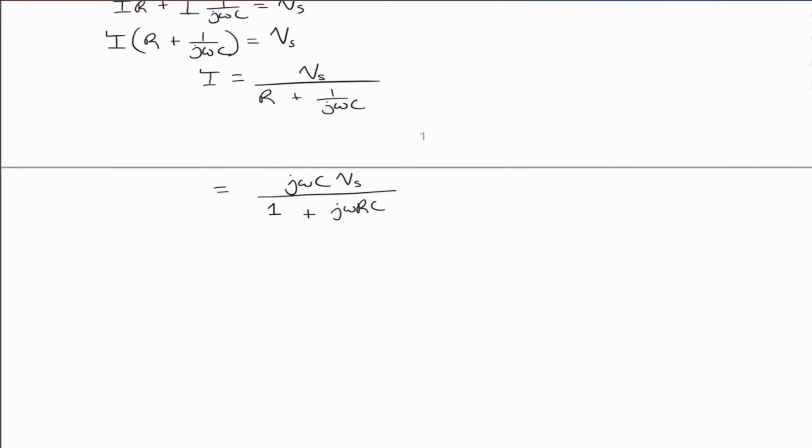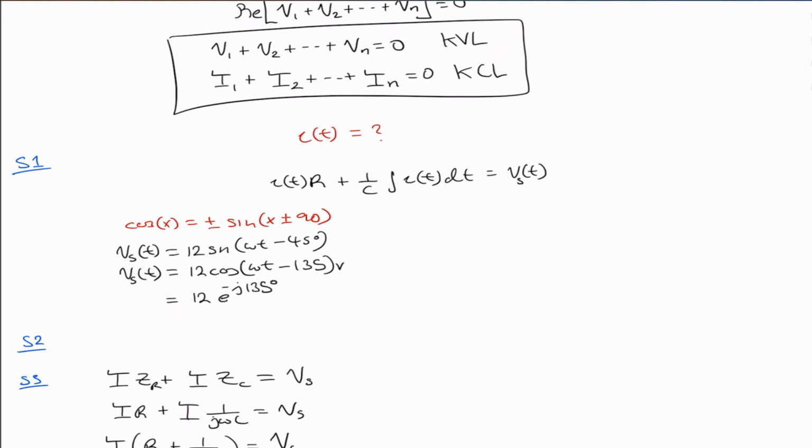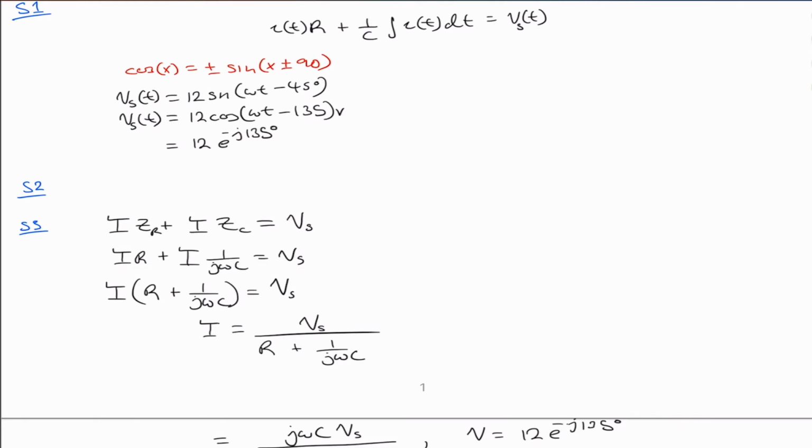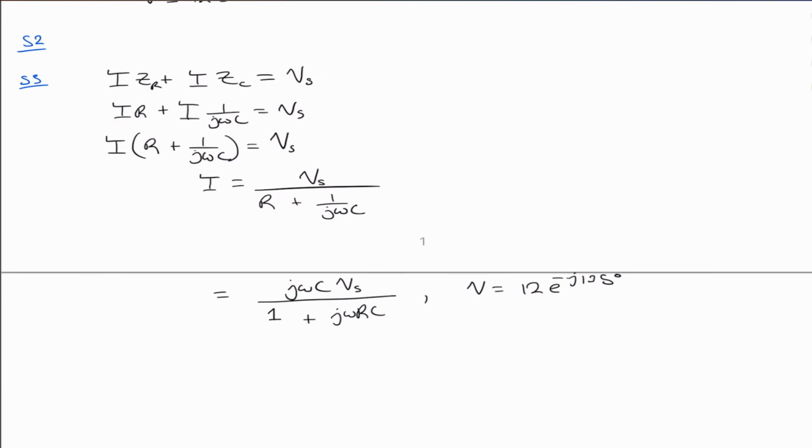Here we know that Vs is the complex exponential. So that's 12 times e to the minus j135, I think. Let's go look at that. Where is that again? Okay, there it is. So this is in the phasor domain.